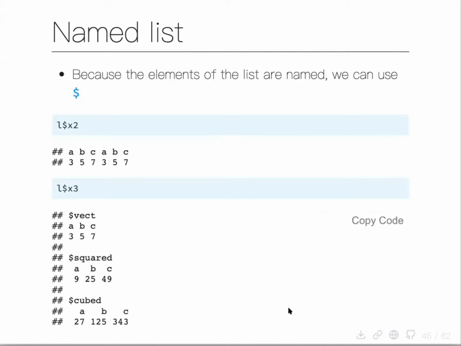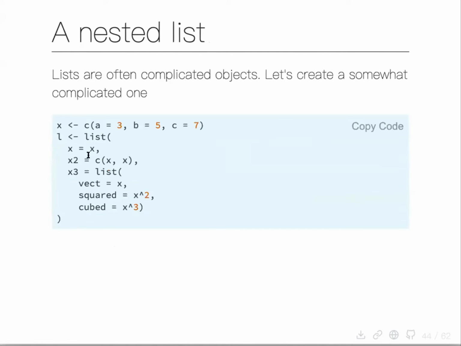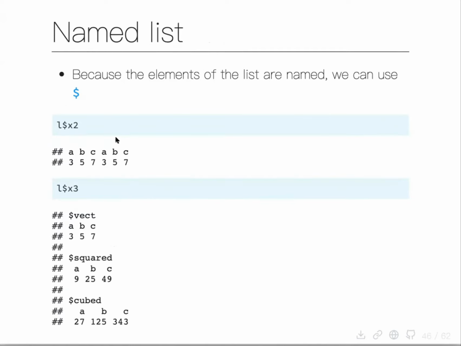Because this list happens to be a named list, right? Everything has names, X, X2, X3. X3 is the list, but even that has names, vect, squared, and cubed, right? Everything is named in this list. Because of that, I can use the $, okay? So L $X2.